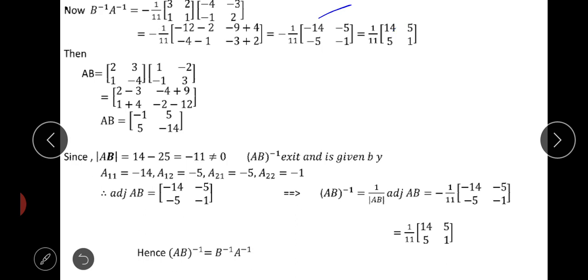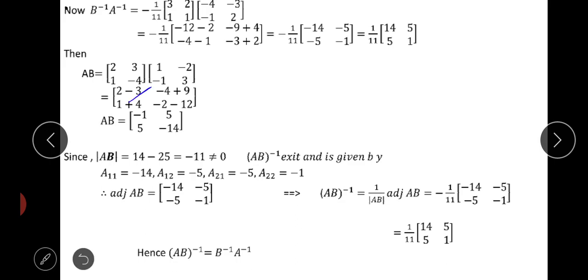Similarly, again we have to show that AB inverse is equal to this matrix. Okay, let us start this one. I know the A matrix and B matrix, and how to find the multiplication of two matrices we studied in the matrices topic. 2 into 1 is 2, plus 3 into minus 1 is minus 3.